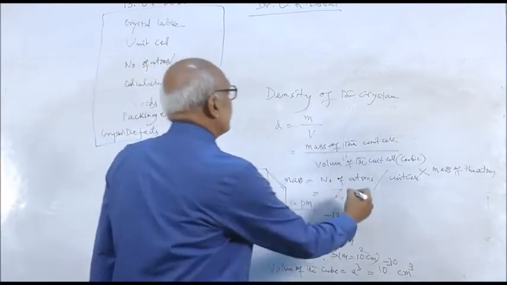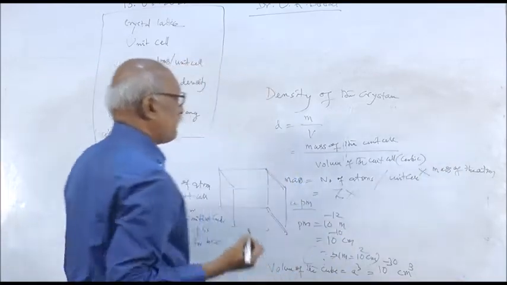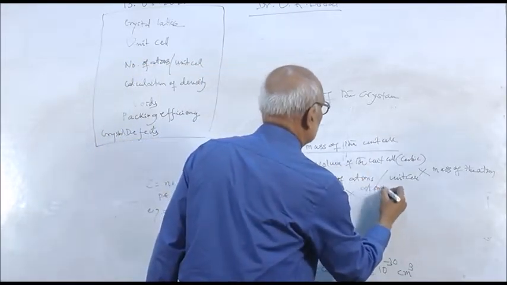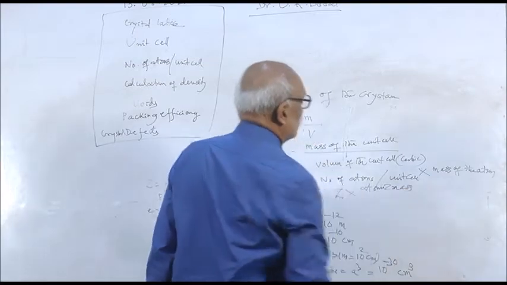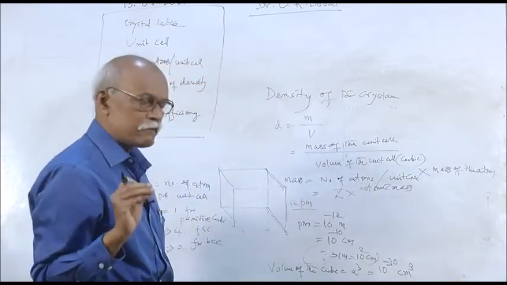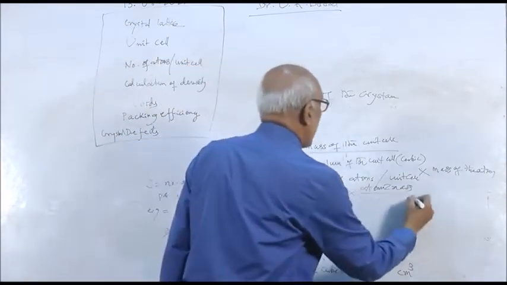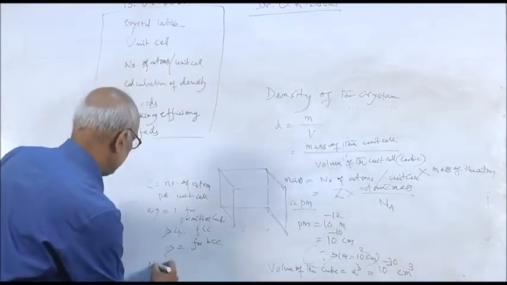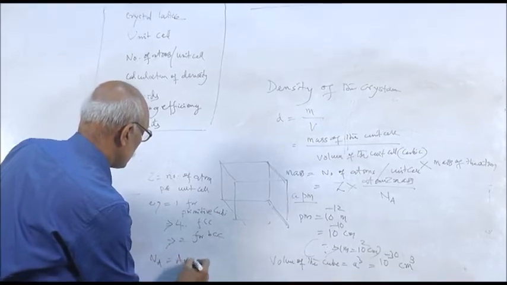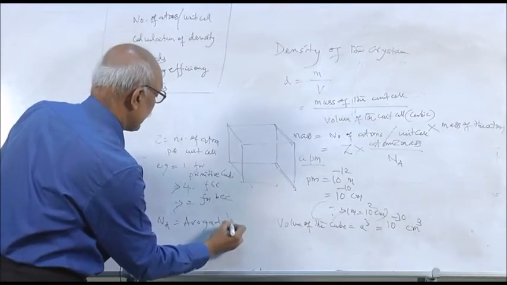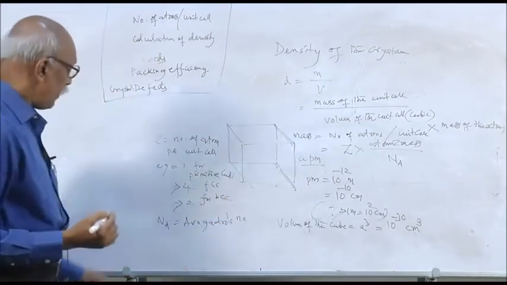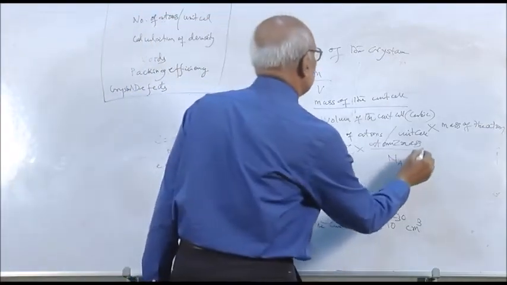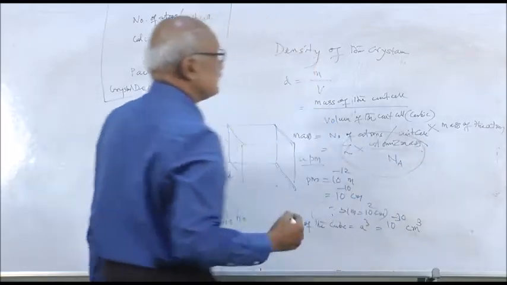Then what is the mass of an atom? The mass of an atom is the atomic mass, or if it is a molecule, the molecular mass, divided by the Avogadro number, Na. Na is Avogadro's number, or you can write it as N0 also. So this is the mass.